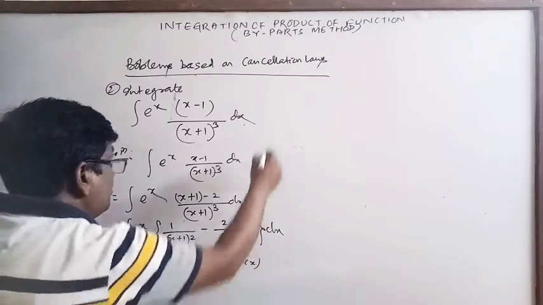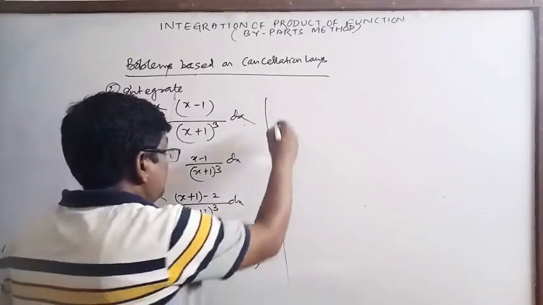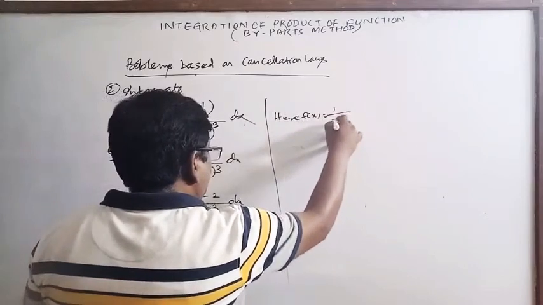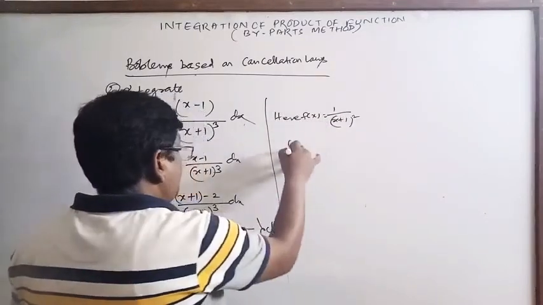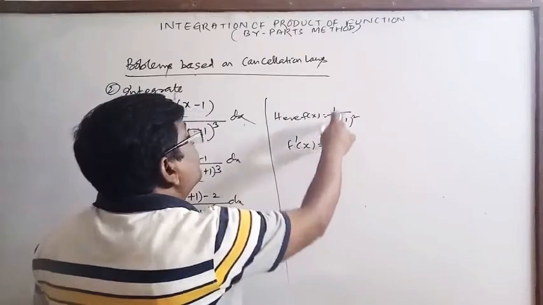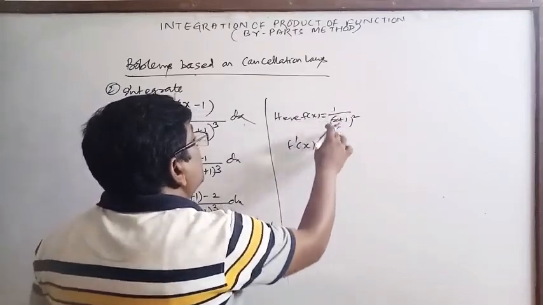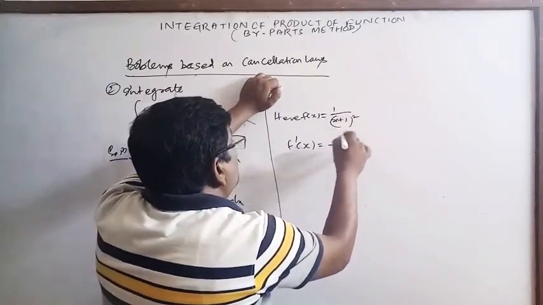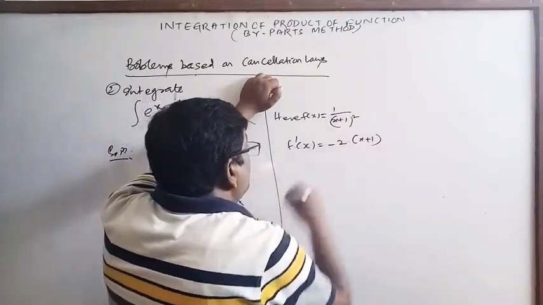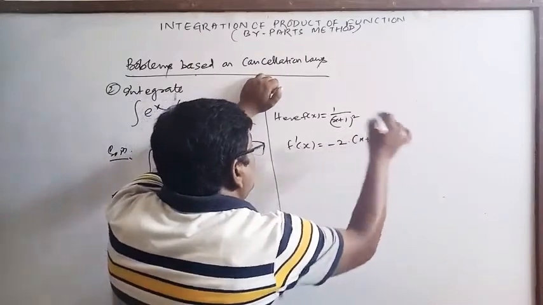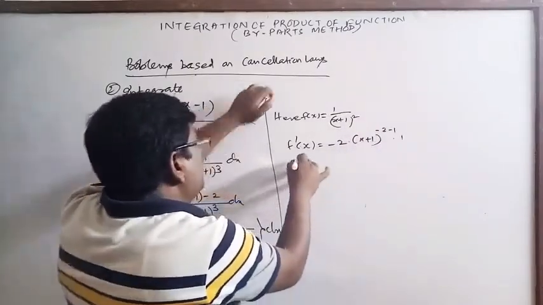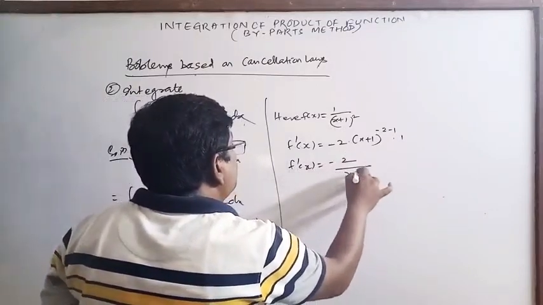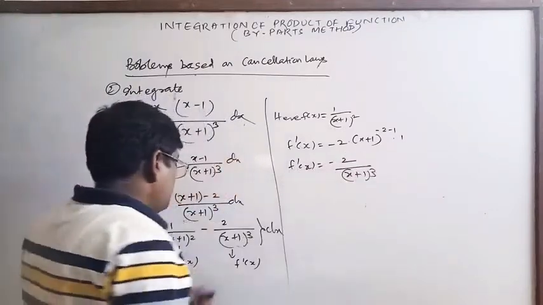Check: here f of x is equal to 1 by x plus 1 whole square. Taking the derivative, this is minus 2 into x plus 1 to the power minus 2 minus 1. The derivative of the expression, that is f dash x, is equal to minus 2 divided by x plus 1 whole cube. So this is f dash x.